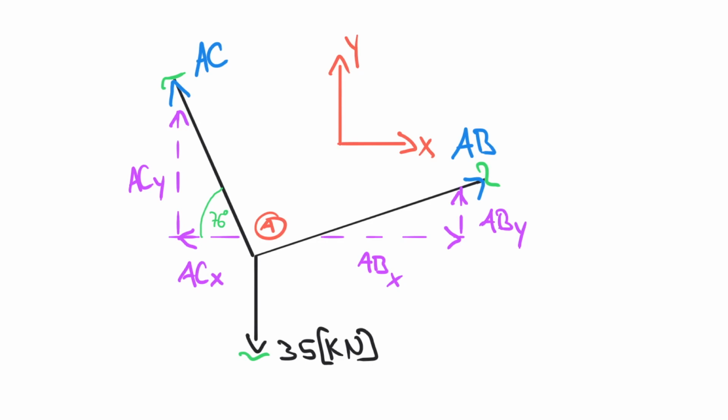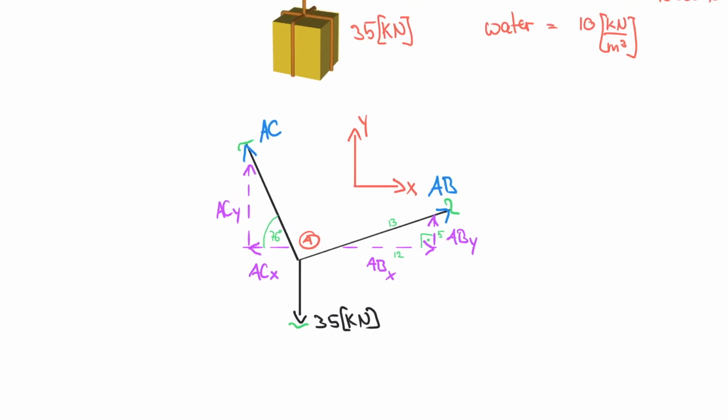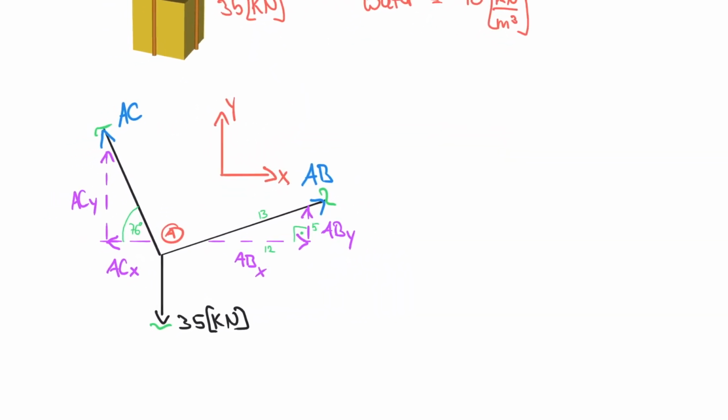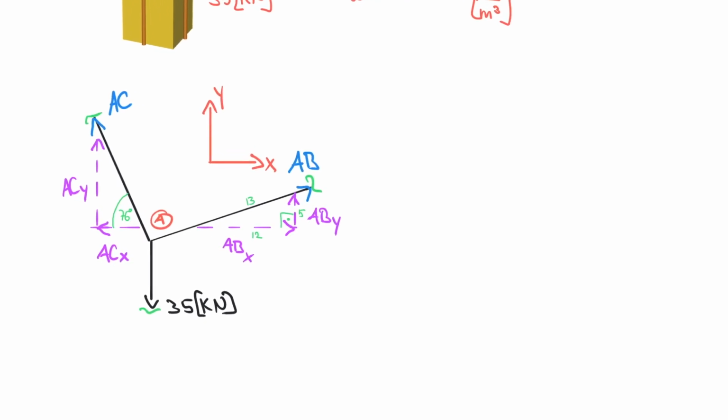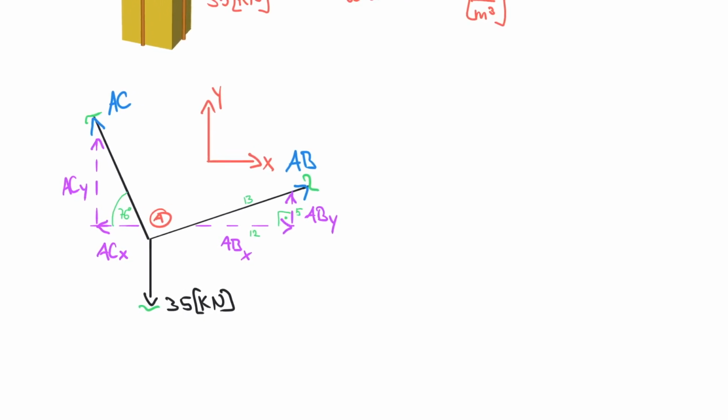And then for the other one, I don't really need degrees, because it is the 12, 5, 13 triangle, which always creates a right angle here if you have such lengths. We explained that before. And this again is an educational opportunity for us to practice this. But this now is my complete free body diagram, which now I can use my equilibrium equations and conditions to solve. So let's first write down what we're after.